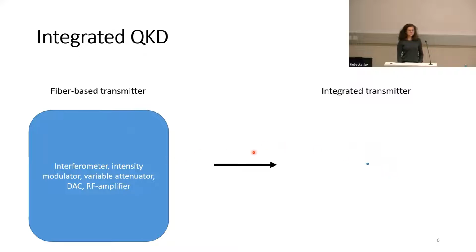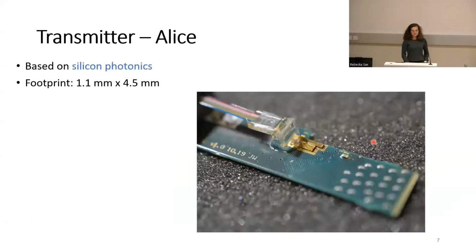This is actually to scale, just for comparison reasons. So this little blue point is now the integrated transmitter. For the details about the transmitter Alice, Alice is based upon silicon photonics, and it has been developed in collaboration with Sequoia in Berlin.